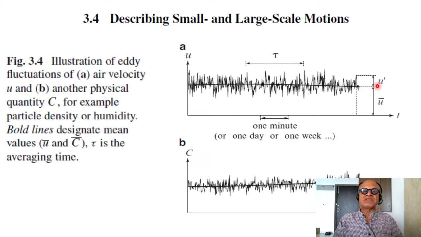By the way, this also can be done in space where you have spatial wavy features which are acting on a background spatial average. So you can also look at deviations from the spatial average, zonal or meridional, and this is the same here for c.